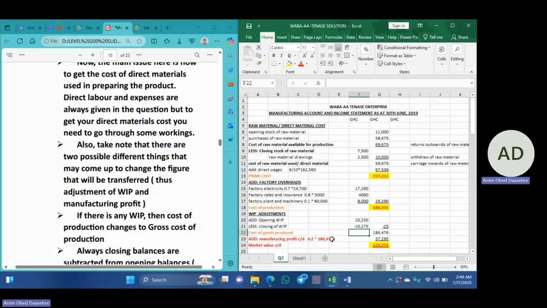So usually they will give you the profit margin that you are going to use. Margin is a percentage on what? When you see margin, with this spelling, it's a percentage on your selling price.